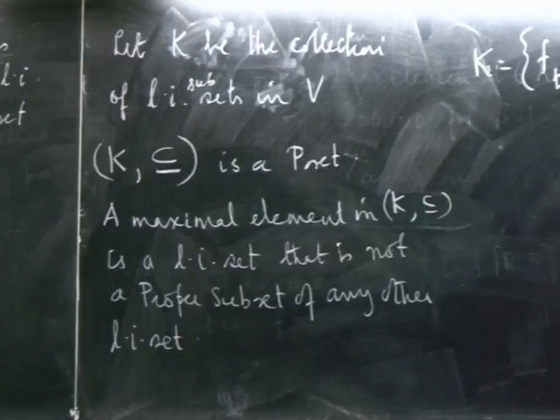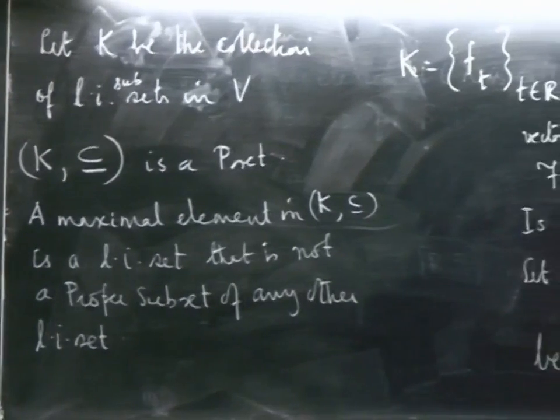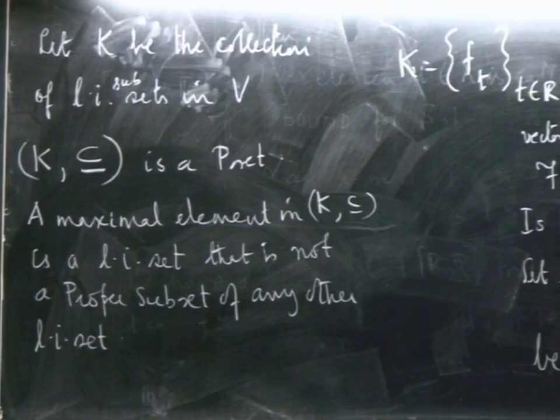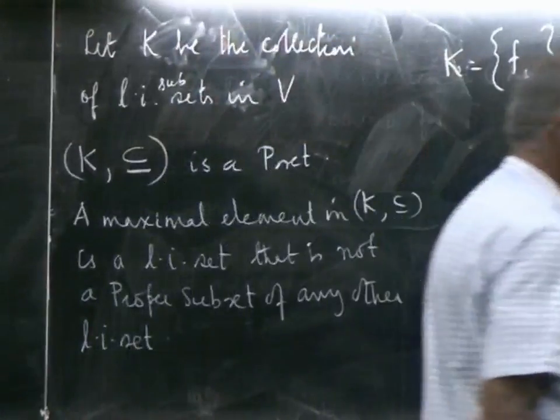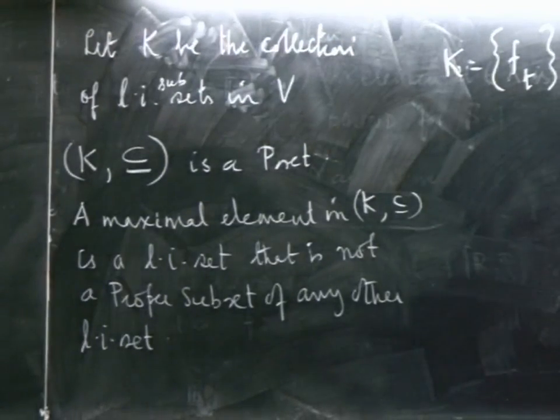It cannot be a proper subset, because if that happens, that fellow must be equal to him. So, therefore, it cannot be a proper subset of any other linearly independent set. We simply call it a maximal linearly independent set.